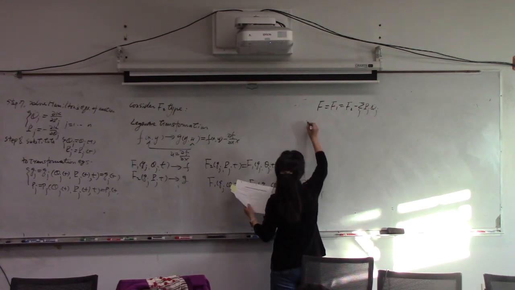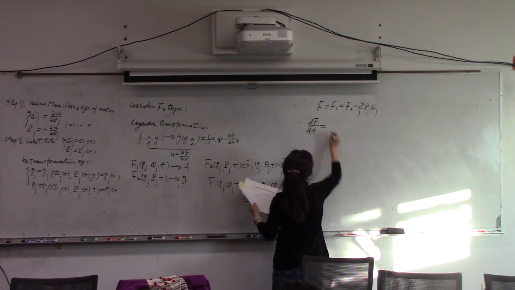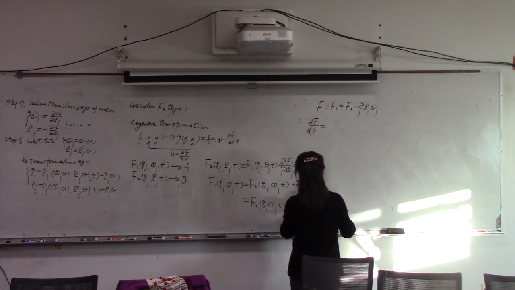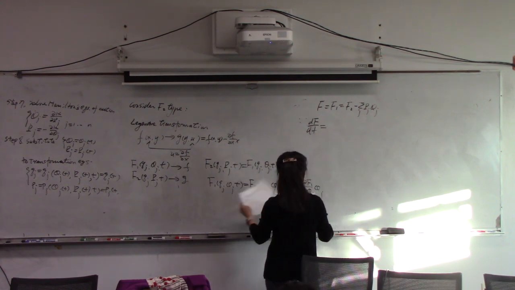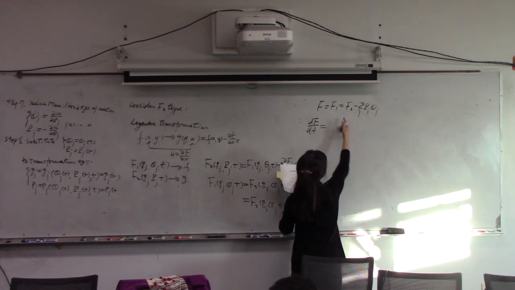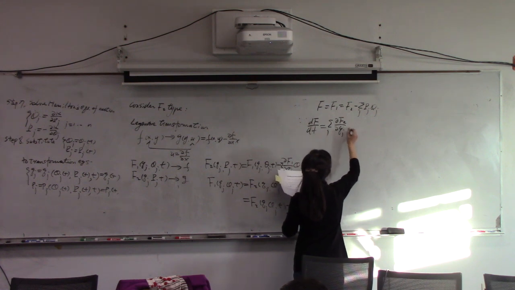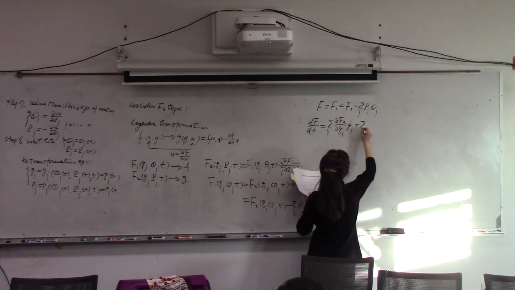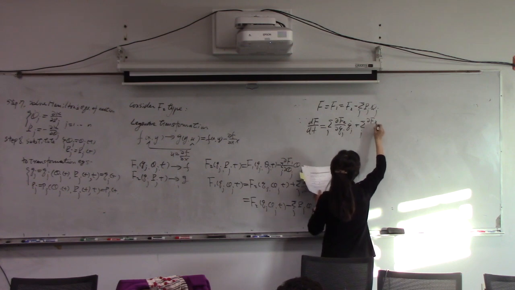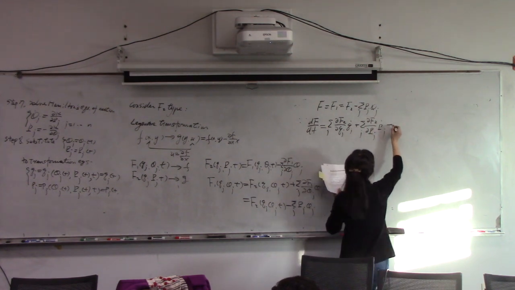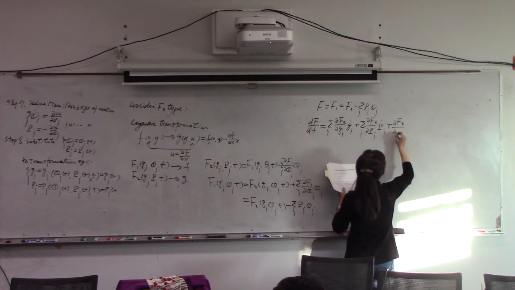And now let's look at the total time derivative. Partial F2 with respect to q_j gives q_j dot, and F2 is also a function of capital P_j, so P_j dot and partial F2, partial t.